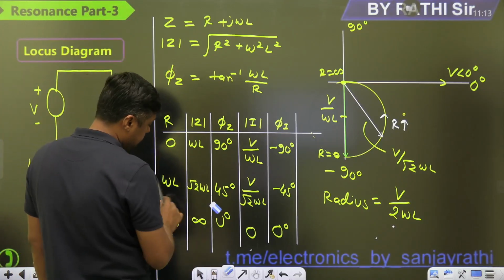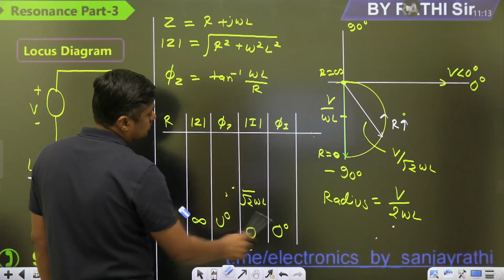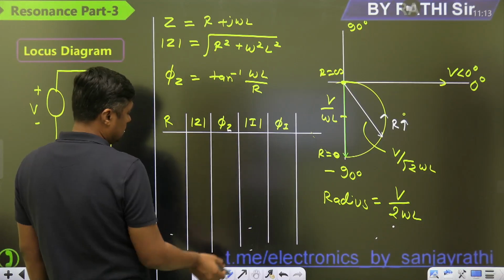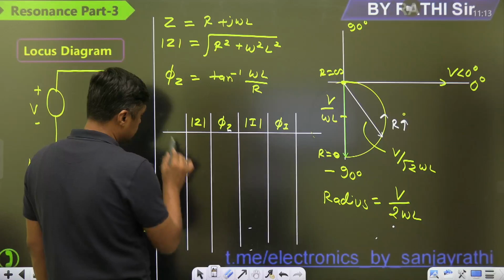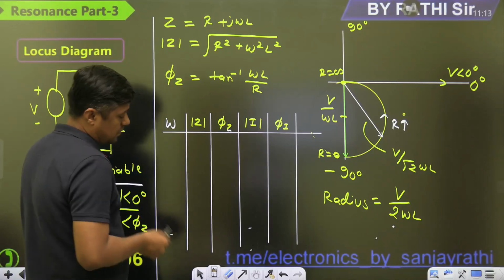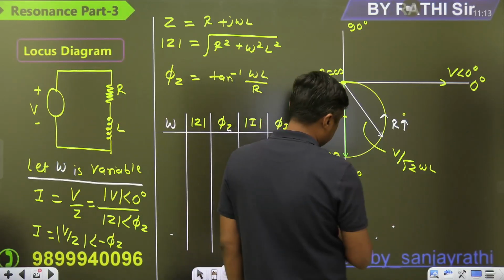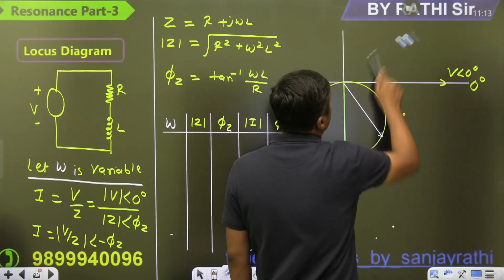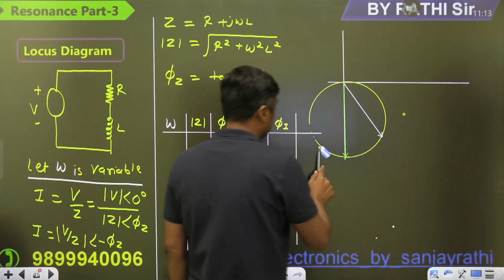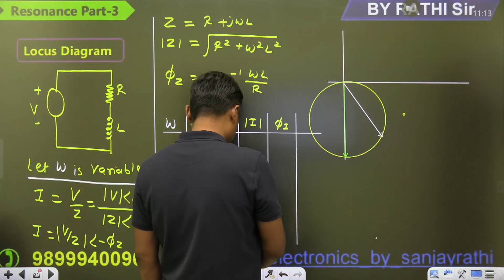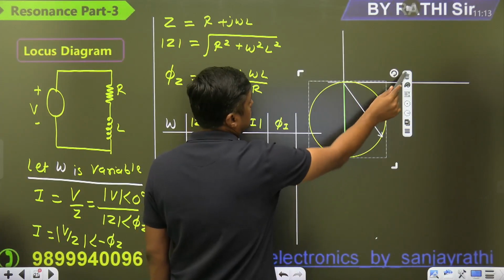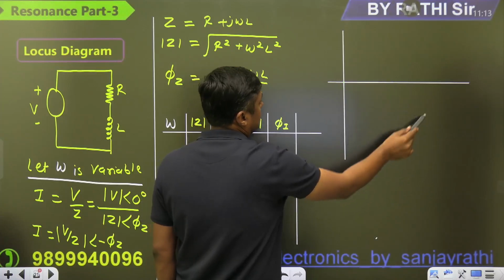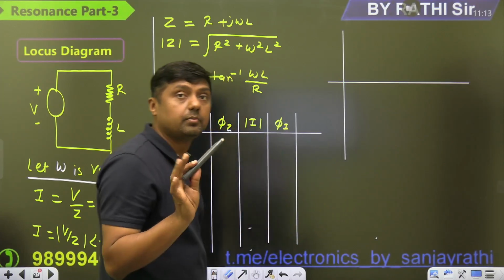Table, and change in phasor diagram. Omega is variable.